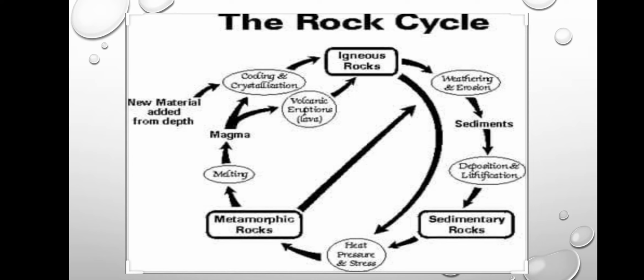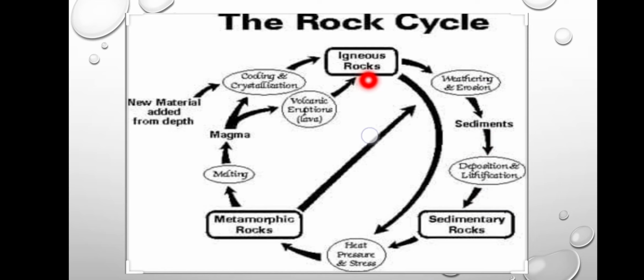Now if you go in the reverse process, you can also find this metamorphic rock. It can easily break down by weathering and erosion into particles, and it can be converted into sedimentary rock. So from sediment, heat and pressure make metamorphic rock, and under weathering and erosion it breaks down into sediment and sedimentary rock.